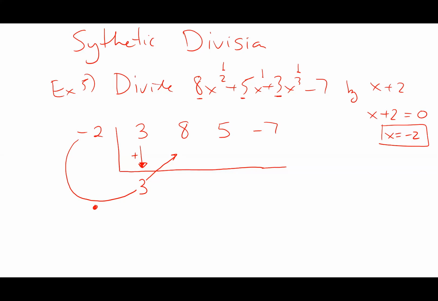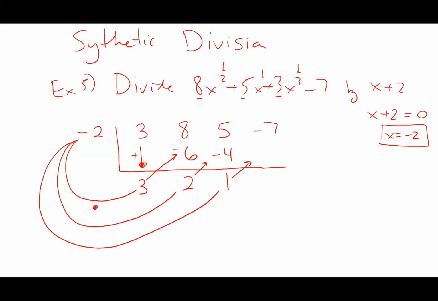The -2 times 3 is -6. 8 plus -6 is 2. -2 times 2 is -4. 5 plus -4 is 1. 1 times -2 is -2. Add those up. And this guy's a special one. We actually make the last one into a little box. That's a special guy.